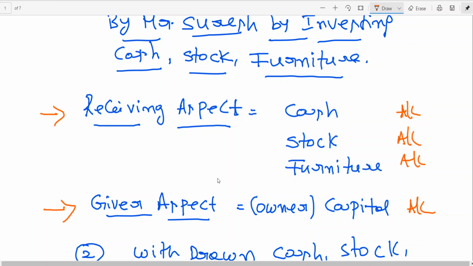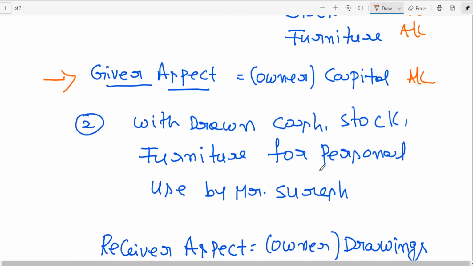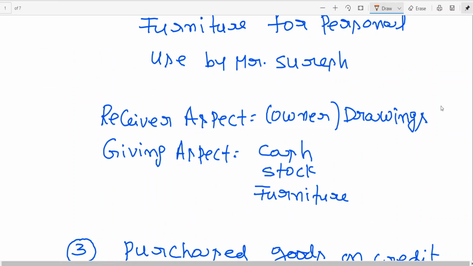Aspects are 2. Now similarly, take the example with drawings account, cash account, stock account, furniture account. Again aspects are 2, but how many accounts? More than 2: 1, 2, 3, 4.